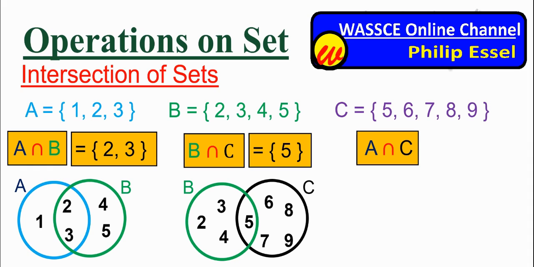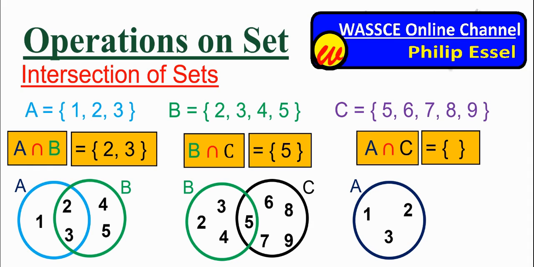So our answer is this empty set. Let's use a diagram to illustrate this. So we have our set A with its members 1, 2, and 3.